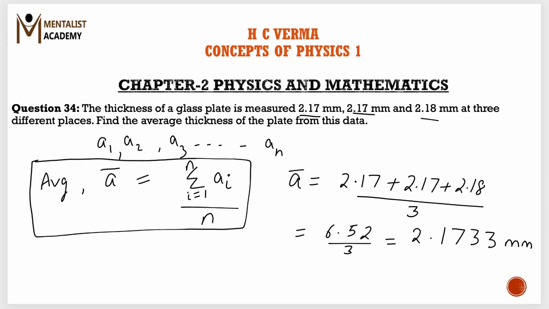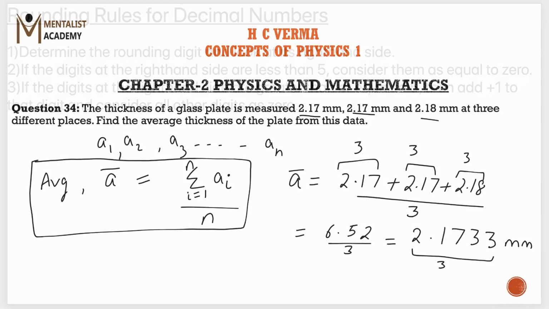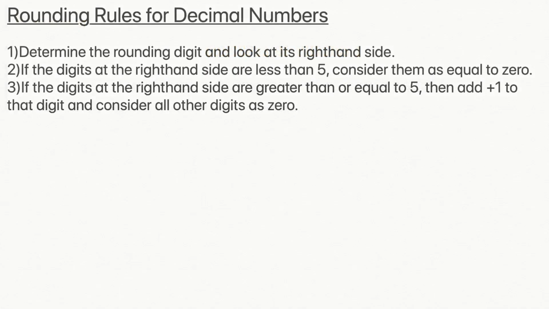Now, as in the question, we only have numbers with 3 significant digits, so we have to round off our answer up to 3 significant digits only. If you do not know the rules of rounding, let us see some of them. The first rule to round off decimal numbers is to determine the rounding digit and look at the right hand side.